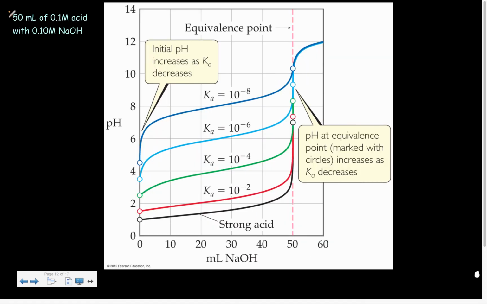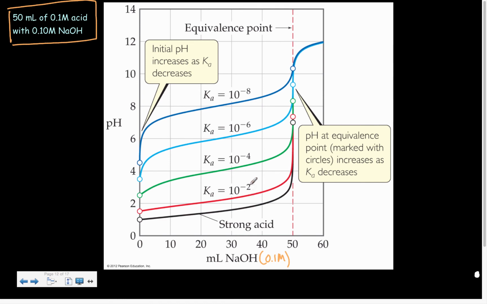All right, let's compare a couple of important notes. Here it says that we have 50 mils of 0.1 molar acid with 0.1 molar sodium hydroxide, and these are all 5 different acids that have a concentration of 0.1 molar.